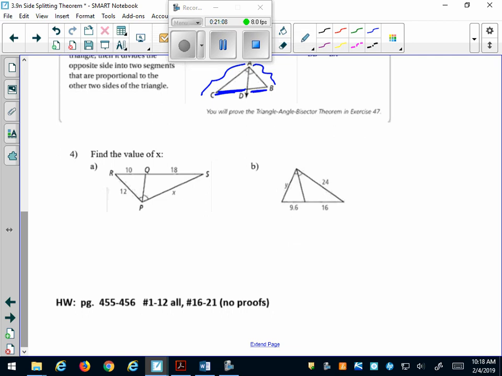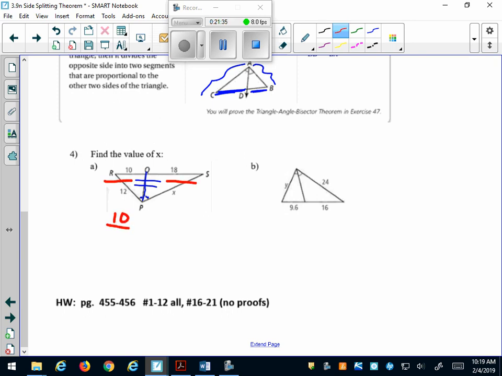If it's an angle bisector of a triangle, if you can locate that angle bisector and confirm that these two angles are the same, then you can just put an equal sign right on that angle bisector. Because visually, that diagram is showing you exactly how to set up your proportion.